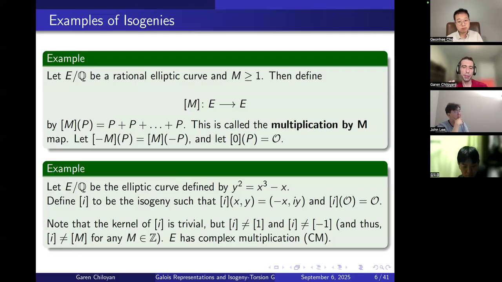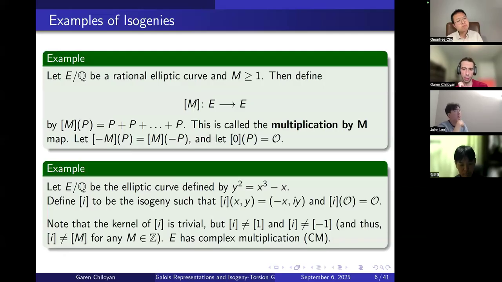In the case of an elliptic curve, you always have the multiplication by M maps, like I wrote in this example. But when you have an elliptic curve that has a map to itself which is not of the form of a multiplication by M map, we say that E has complex multiplication. This is a concept that comes from algebraic geometry.